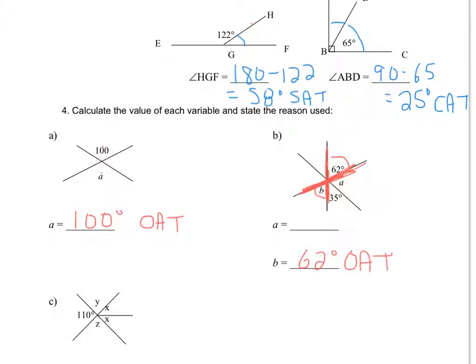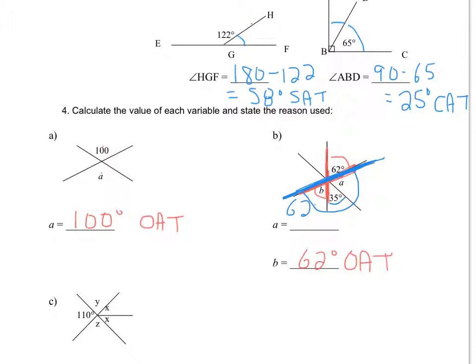Opposite angle theorem did not give me the answer, so I'm going to try to use supplementary angle theorem. I don't have a 90-degree angle, so I'm not going to use complementary angle theorem. And if I look, my angle A lies on this line. So that means all the angles on that line have to add to 180 degrees. I know B is 62.